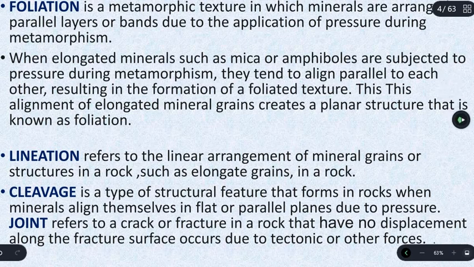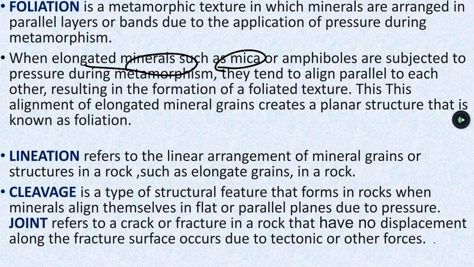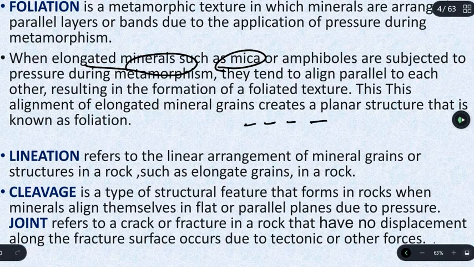Suppose there are some elongate minerals such as mica or amphiboles maybe, ठीक है, and deformation is happening, then they tend to align, yes or no? Then is it foliation or lineation? What will be the answer, right? See, if the mineral grains are arranged in a linear arrangement, ठीक है, it is also aligned grain, right?